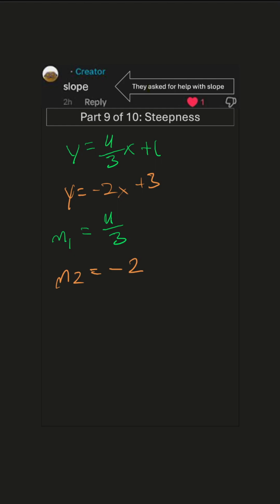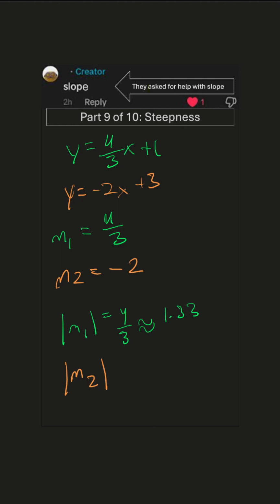So the sign tells the direction. So the first one, m1, rises up, and m2 falls down. But steepness is about how big the number is. That's why we use absolute value. So let's see. Absolute value of m1 equals 4/3, and that is approximately 1.33 if you put that in a calculator. m2, the absolute value of m2, well, what does absolute value mean?